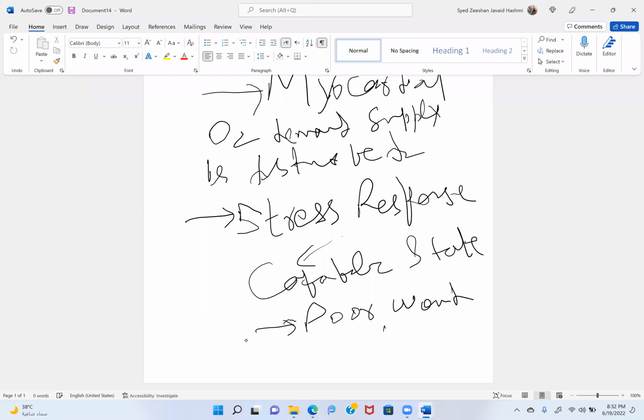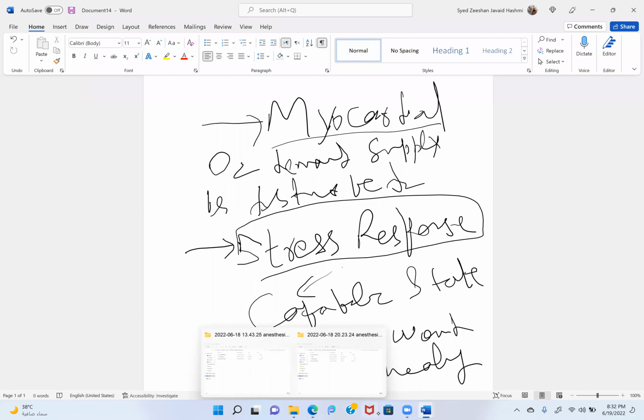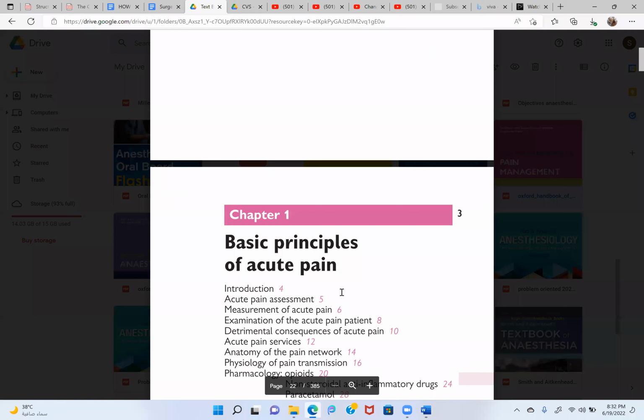We are at the moment discussing the effects of pain. Ultimately, these are the main two things. Otherwise you can tell anything; for the rest, you can take any system and find a number of things.